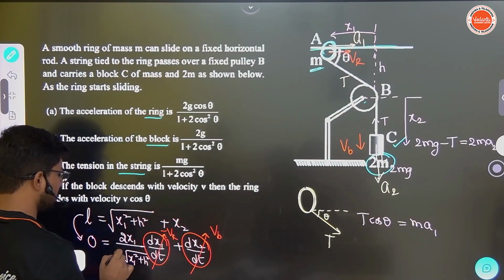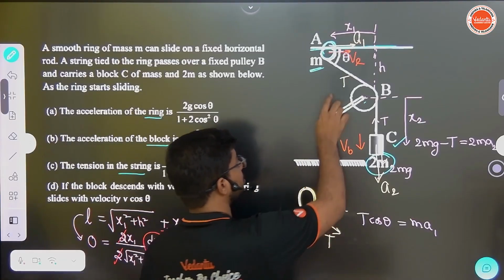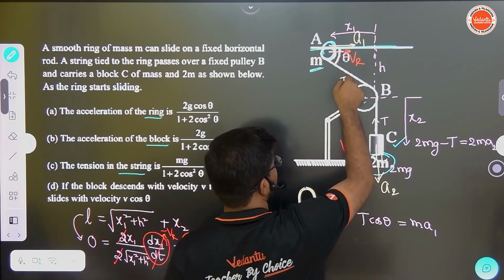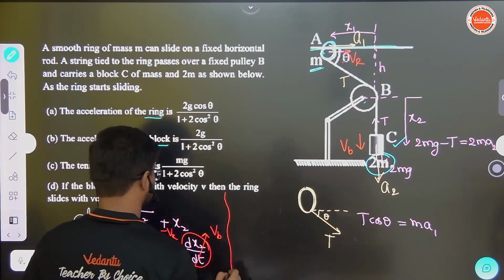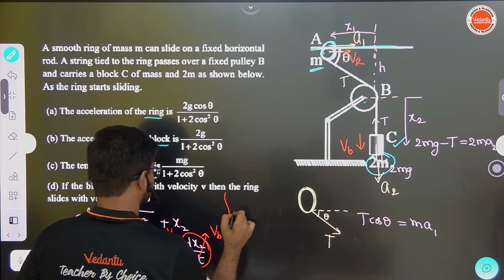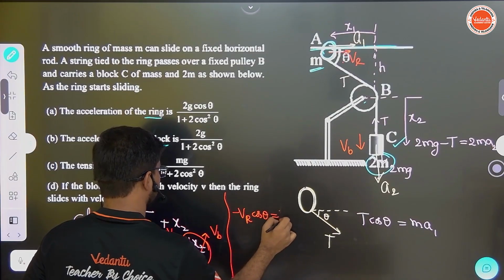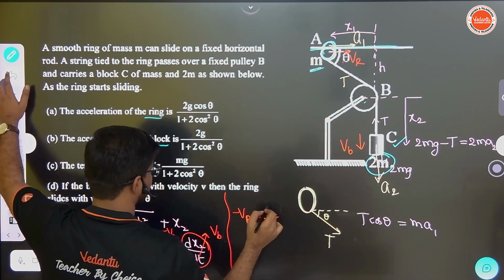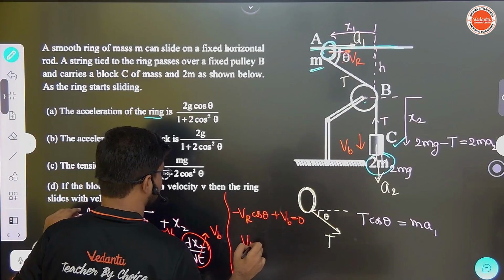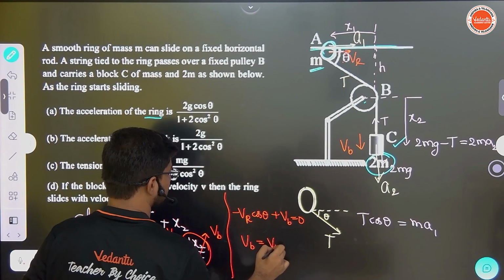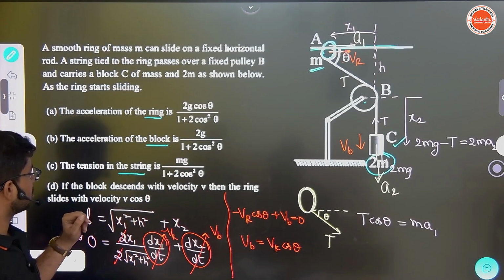Now it is very simple here. 2 gets cancelled. What is x1 by under root of this length here? x1 divided by this one is cos of this angle, right? So this is minus vr cos theta plus vb equal to 0 here. So you'll get vb is equal to vr cos theta. Is this correct?